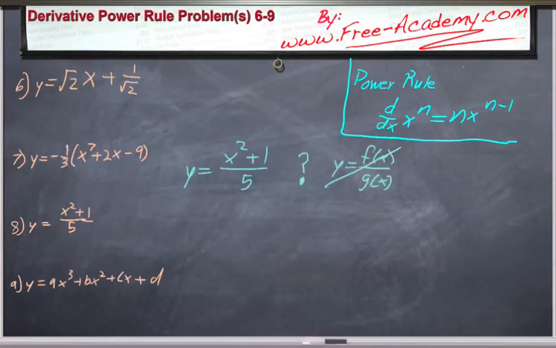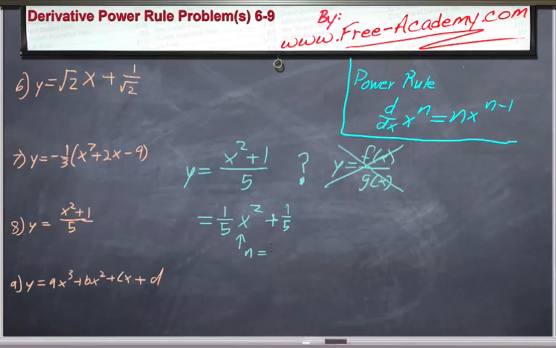And it's much more complicated than necessary for this problem, especially when you see that if you divide this by 5, it's equal to 1/5 x squared plus 1/5. You can always divide the denominator into each term of the numerator. It's perfectly legitimate algebra.